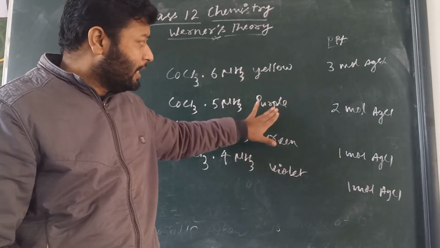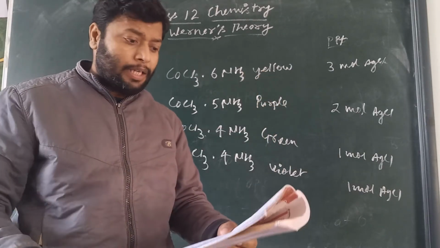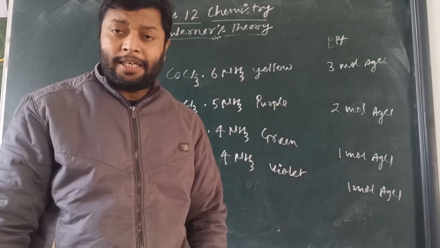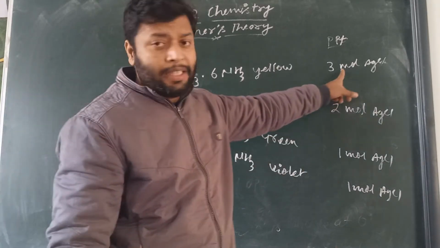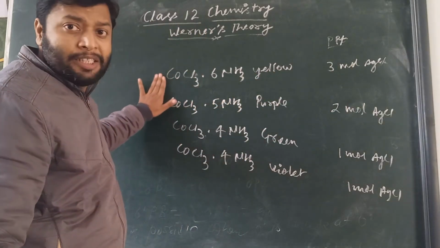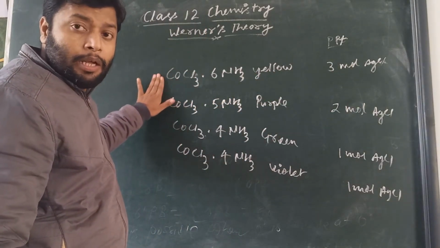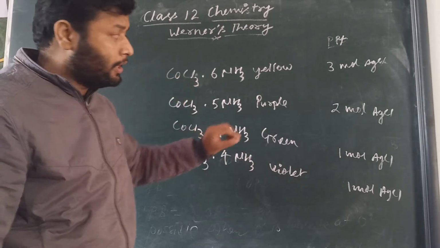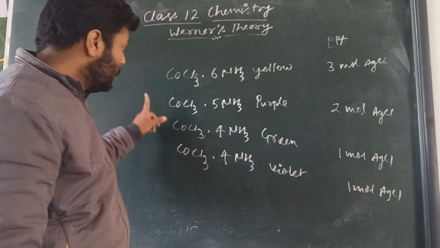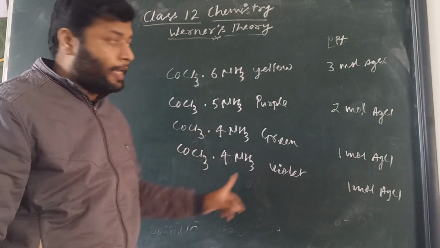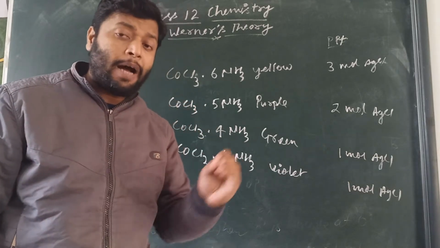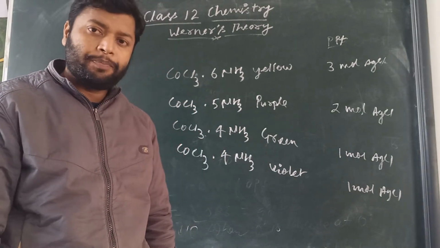You can see the different colors: yellow, purple, green and violet. One mole of the first complex, on passing silver nitrate solution, gave 3 mole of AgCl precipitate. One mole of the other complexes gave 2 mole, 1 mole and 1 mole of AgCl respectively.